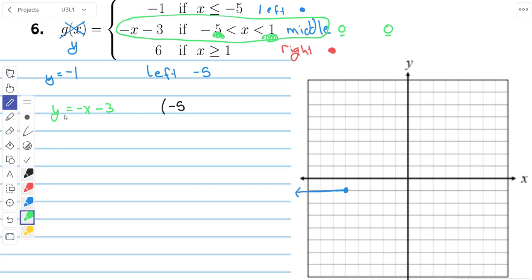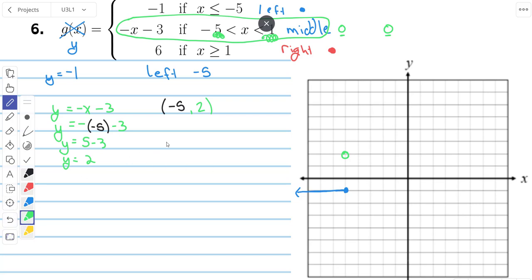And so if I'm testing out what happens at -5, y equals 5 minus 3. So 5 minus 3 is what my y is equal to. So y is equal to 2. So at -5, I am at +2 with an open circle.